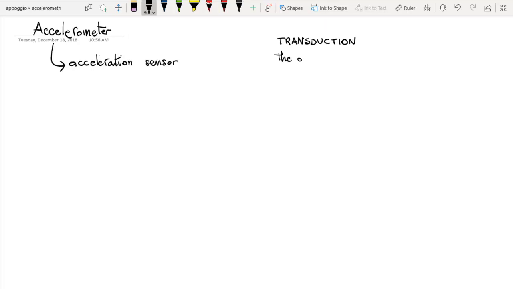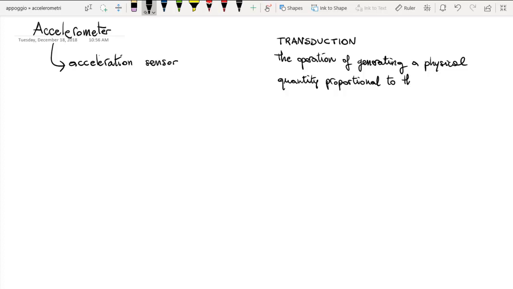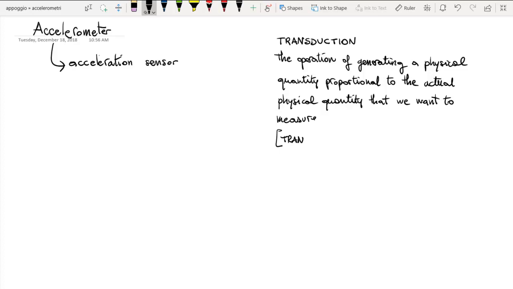Transduction is the operation of converting a quantity into another, and the object that does this operation is called a transducer.